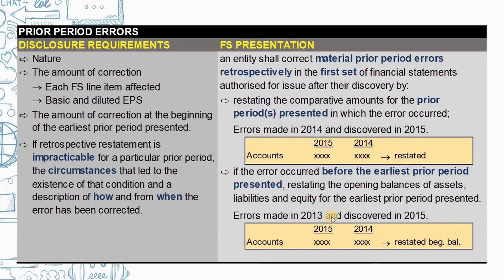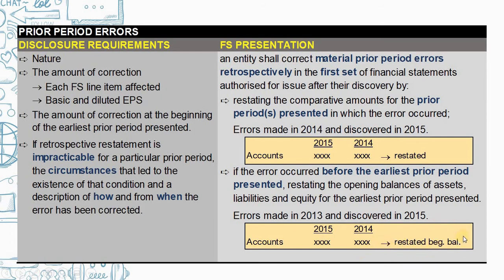And based on this example, the earliest prior period presented is 2014. So the accounting treatment would be the restatement of the opening balances of assets, liabilities, and equity for 2014. So that is why when we present the 2014 side by side with 2015, the beginning balances of 2014 shall be restated.